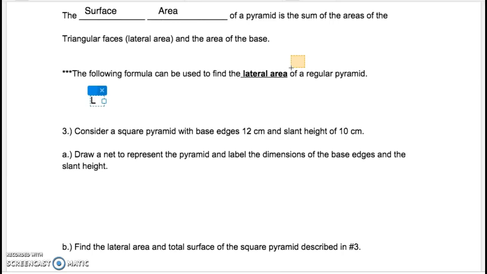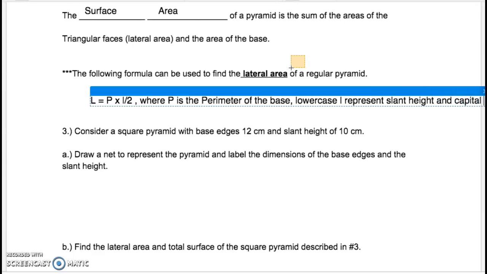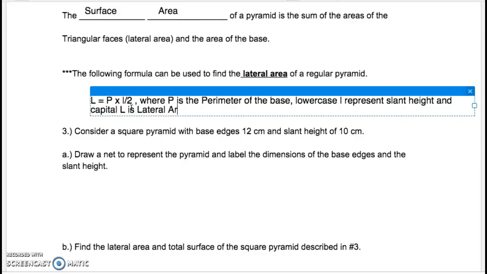So L, which stands for lateral area, equals capital P times lowercase l, divided by 2, where P is the perimeter of the base, whatever that base may be, a triangle, a square, or a rectangle, and lowercase l represents slant height, and capital L is lateral area.